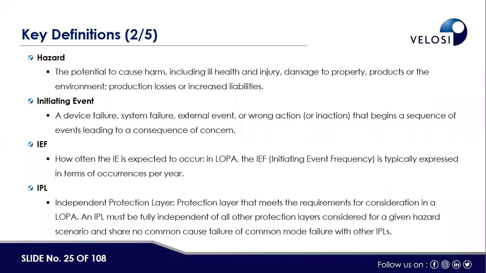IPL is independent protection layer. These are the various protective layers that you normally build. Generally, we have a saying that there are 5 protection layers, which are protection, detection, control, mitigation, and emergency response plan.